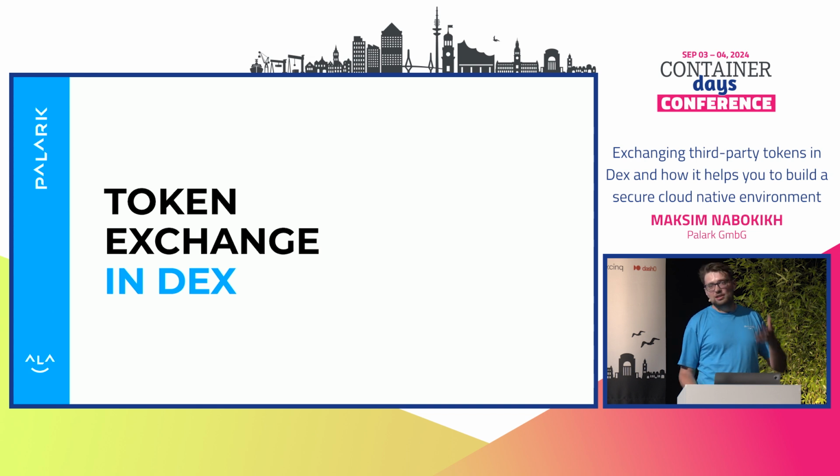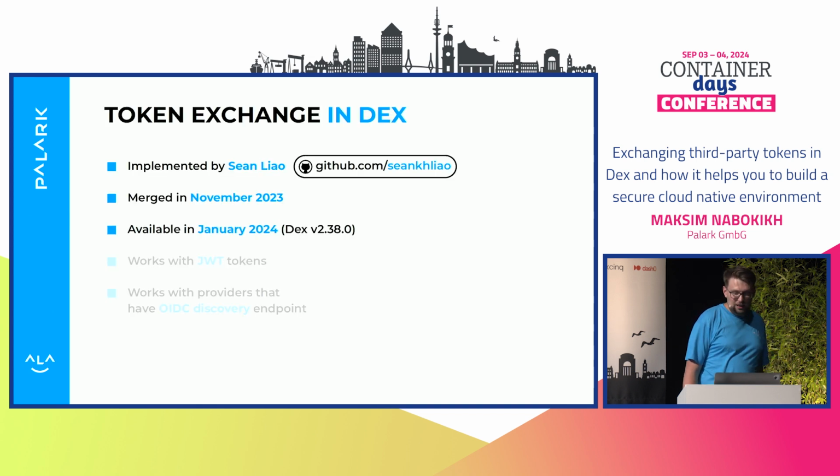Okay, token exchange in Dex, how it works. First of all, it was implemented by our fellow community members, so thanks to them for this good feature. It was merged in November 2023 and available in January 2024, so this feature is pretty new.